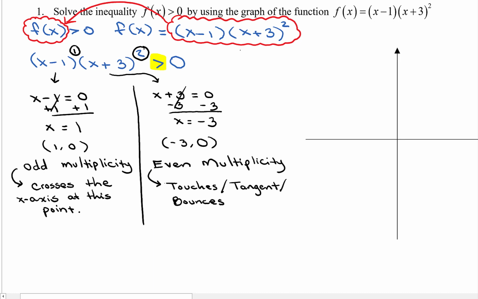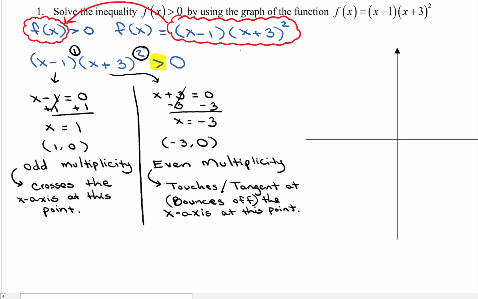You need to make sure that in your notes you're writing down words that make sense to you, and they're going to help you understand what you're learning. So how about I put this in parentheses? I'll put bounces off. But the textbook likes to use the word touches, but other textbooks I've seen like to use the word tangent most often.